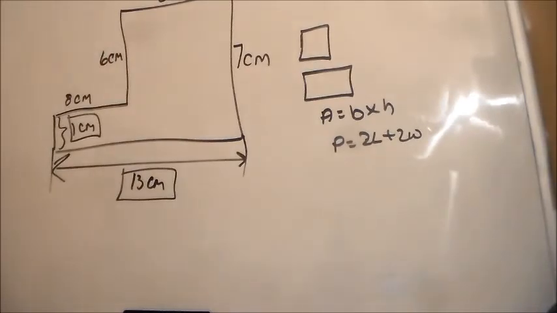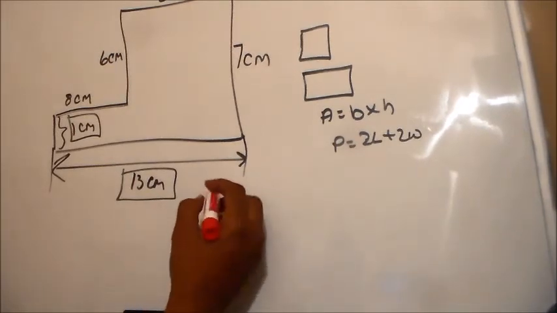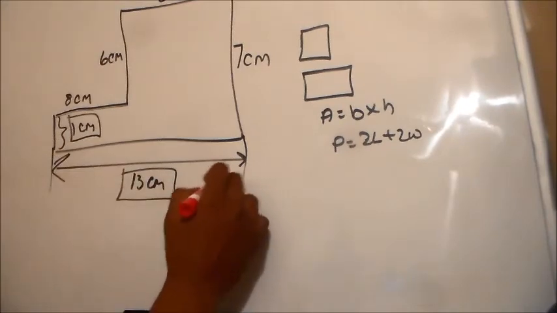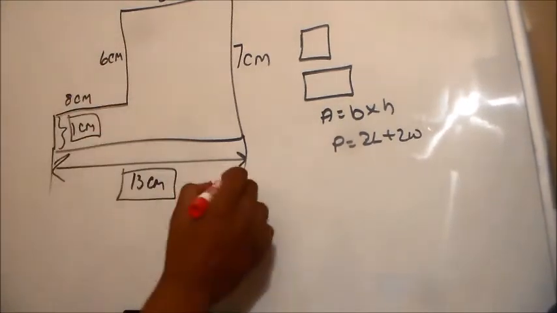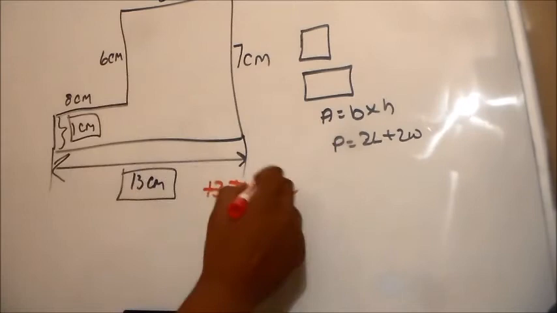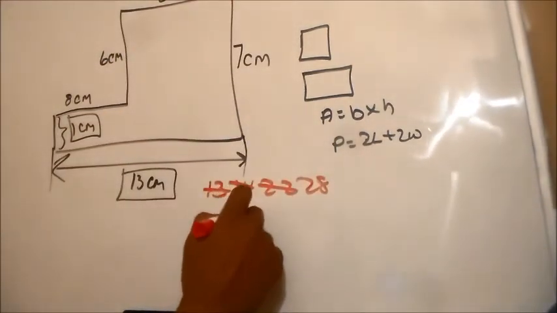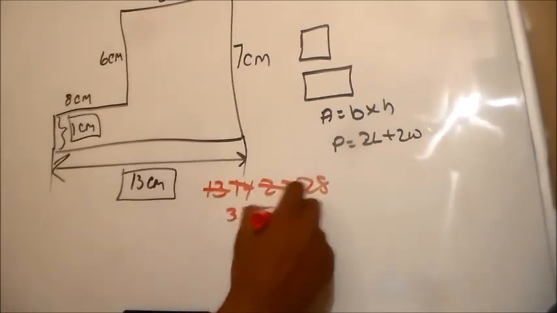Now what I like to do at this point is find the perimeter, which is 13 plus 1, which is 14, plus 8, which is 22, plus 6, which is 28, plus 5, which is 33, plus 7, which is 40.